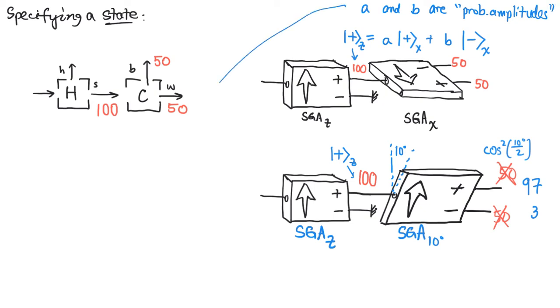And the difference between a probability and an amplitude is that the magnitude of the amplitude squared gives you the probability.